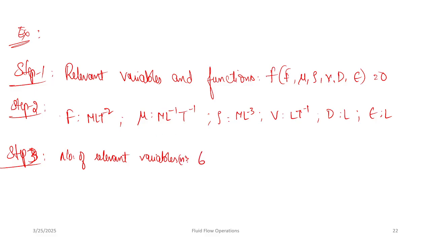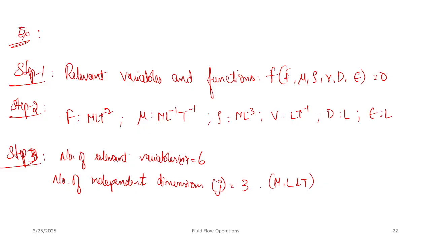So n will be equal to 6, and we need to find the number of independent dimensions as well. That is, j will be equal to 3. So this will be M, L, and T. Okay.